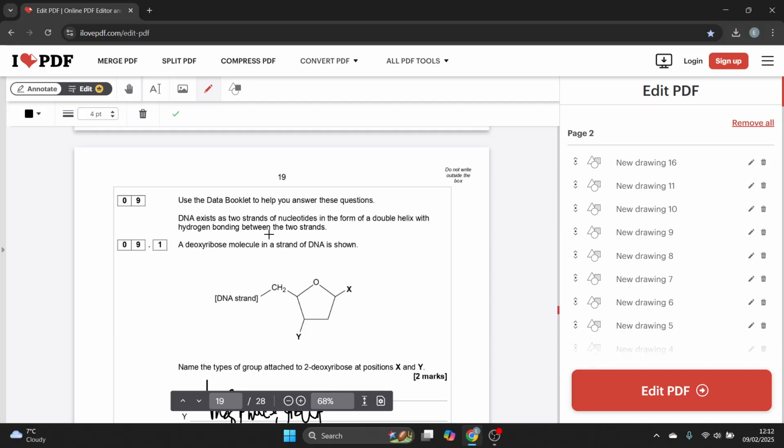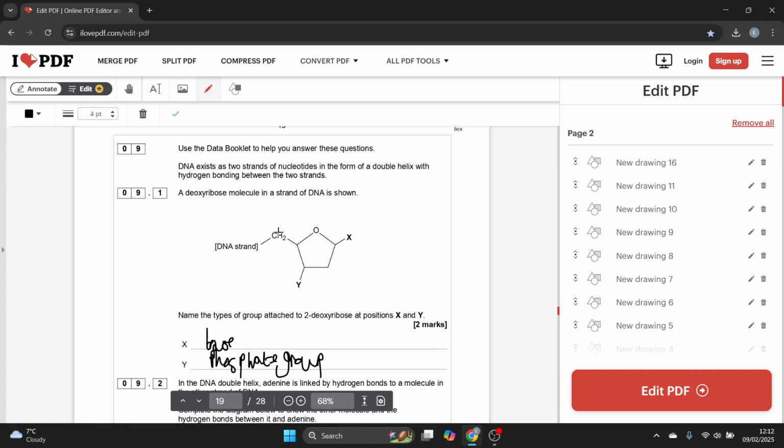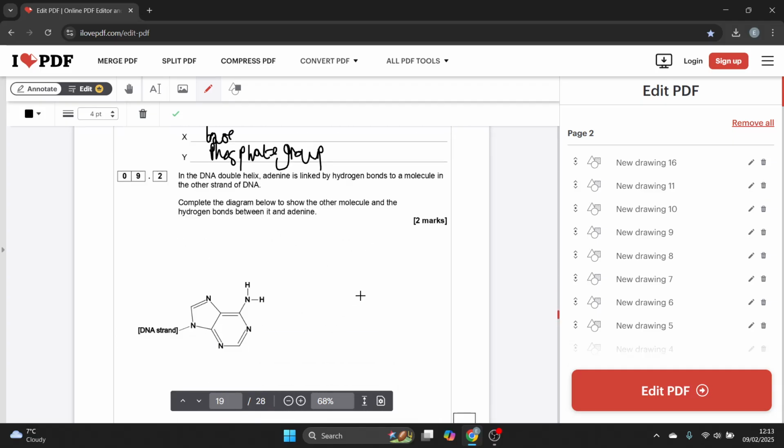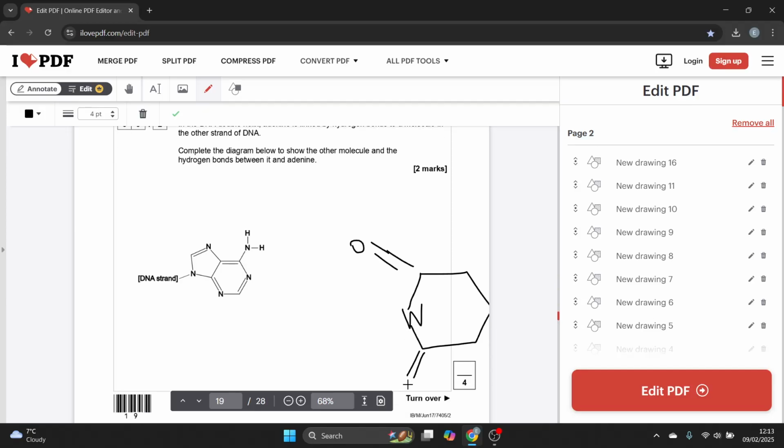So between, anyway, you'd have oxygen here, this here, here, nitrogen, double bond over here, hydrogen here, double bond here, CH3 here, and then that, and then hydrogen, there you go.